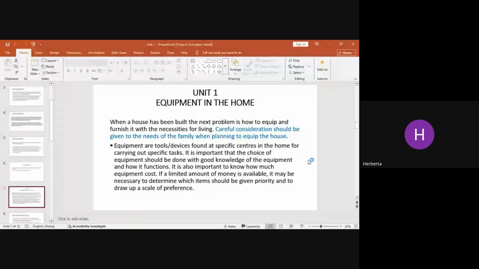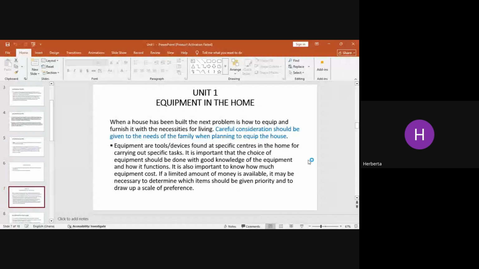So in unit one, we are looking at equipment in the home. These equipment are sent to the home to make life comfortable for us. The equipment that will be necessary for one family might not be so important to another family.